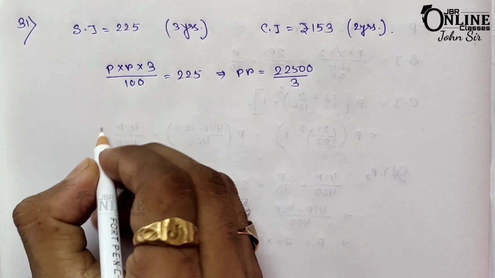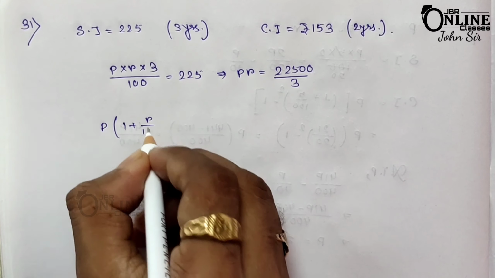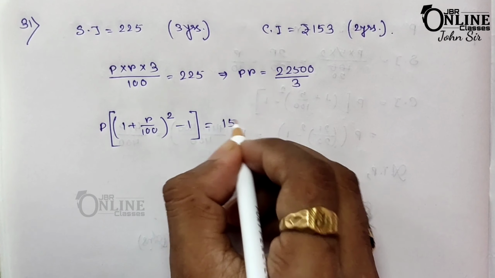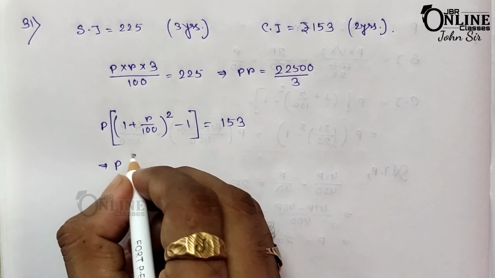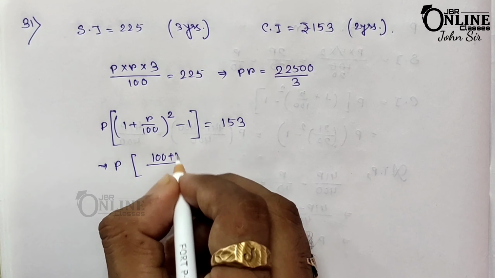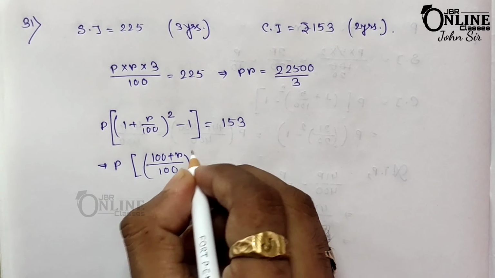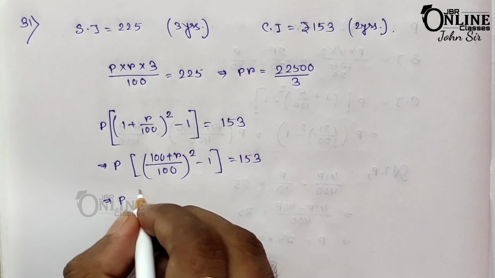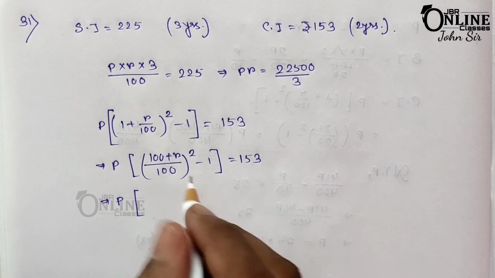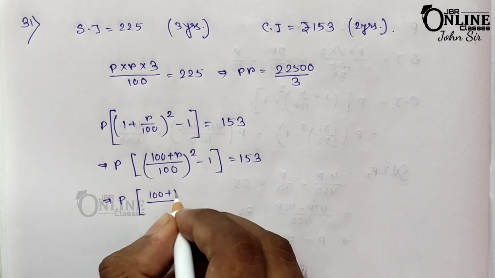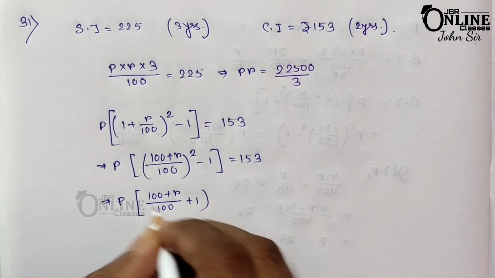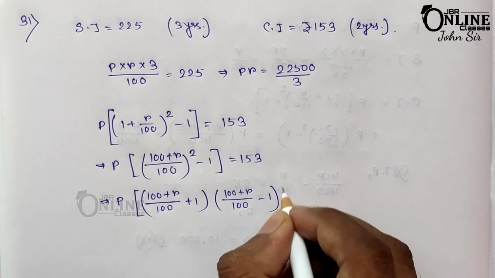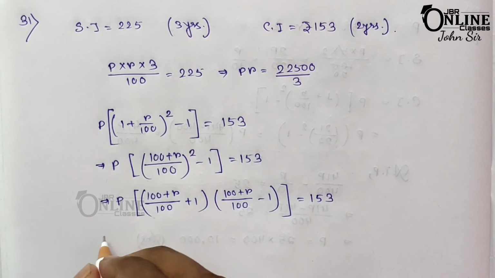Now as compound interest, you know the formula, P into (1 plus R by 100) whole to the power 2 minus 1, that equals 153. Now you can apply the A square minus B square formula, so the first one plus and the second one minus. So it becomes 153.